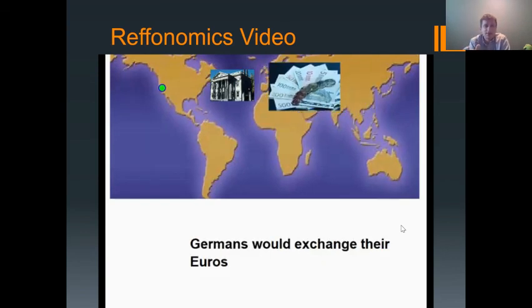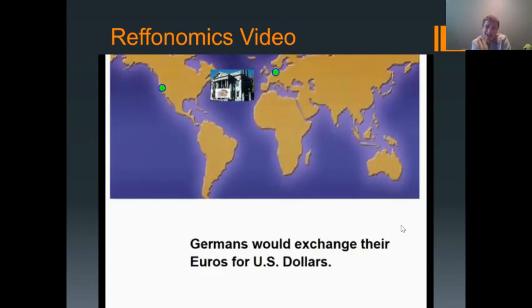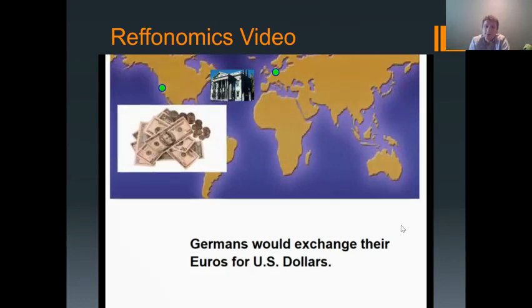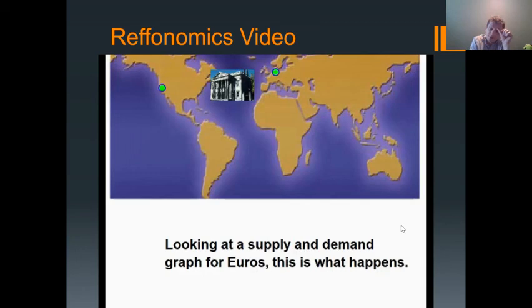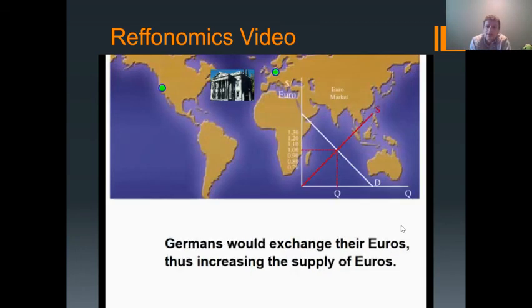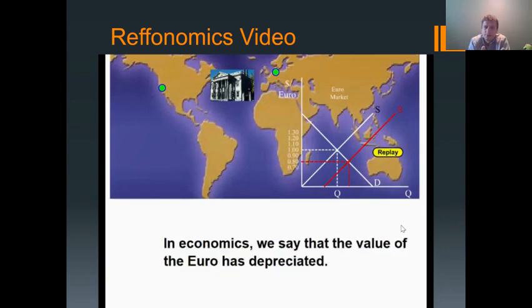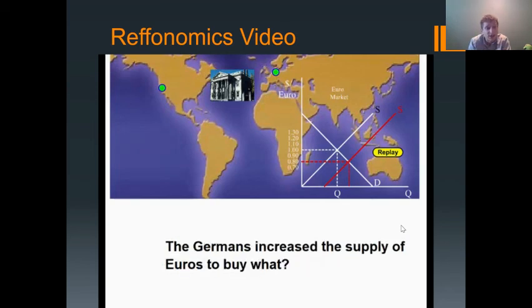The Germans take their euros, put them into the bank, supply them into that bank, if you will, and demand US dollars. So if we look now at the supply and demand graph for euros, here's what happens. The Germans exchange their euros, therefore increasing the supply of euros. This causes the price of euros to fall. So this means that the euro has depreciated relative to the dollar.